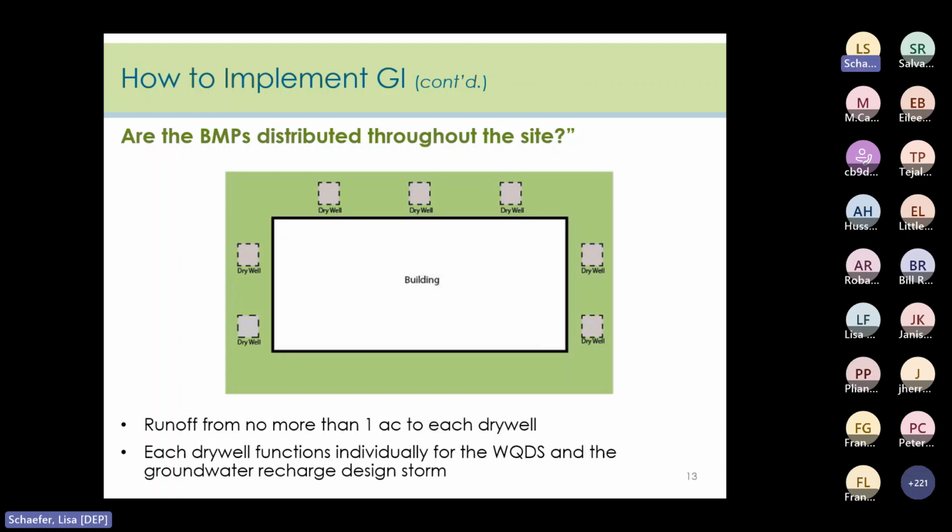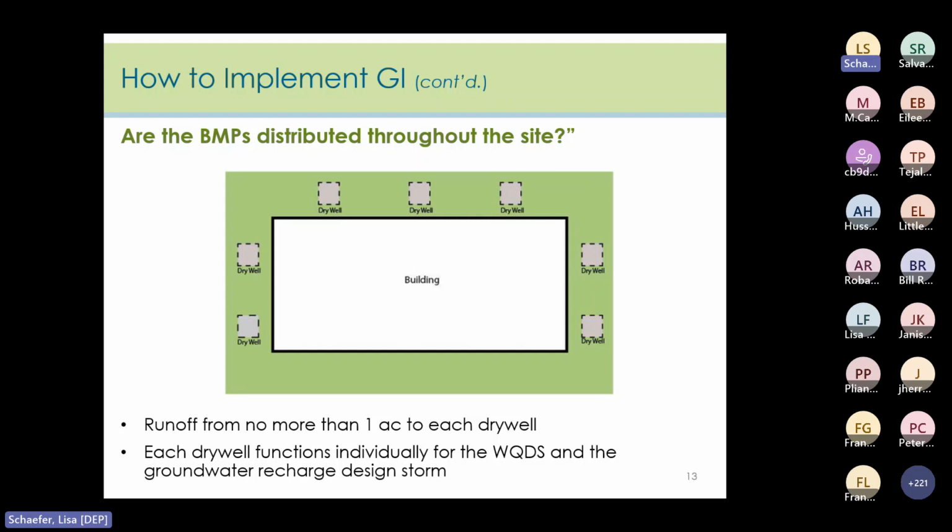The requirement to distribute GI throughout the site doesn't mean that multiple GI BMPs cannot be near each other. It's important that they be close to the source of runoff, like these dry wells are to the building for which they manage runoff. They are distributed because they're on 3 sides of the building. Now, if this is part of a larger site where there are additional GI BMPs, this layout is fine and a separate discharge for each of the 7 dry wells is not necessary.